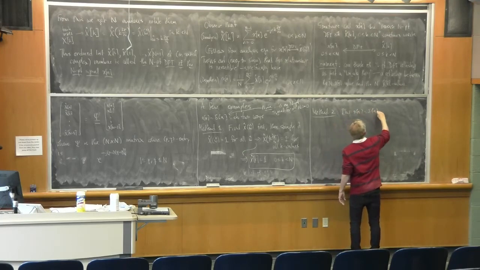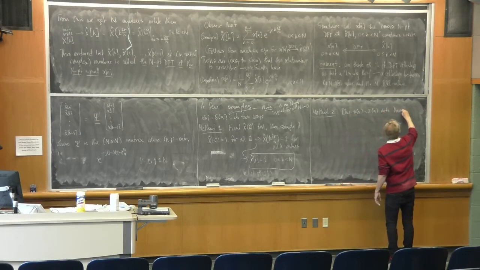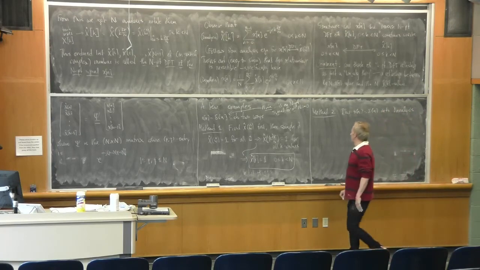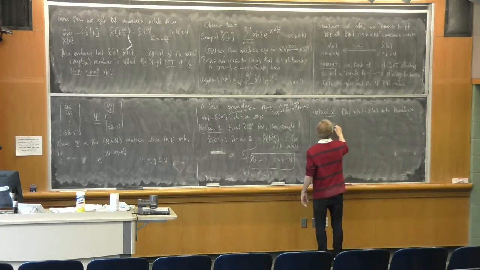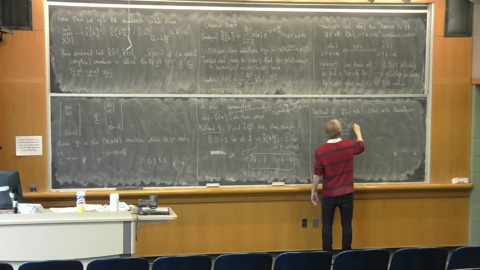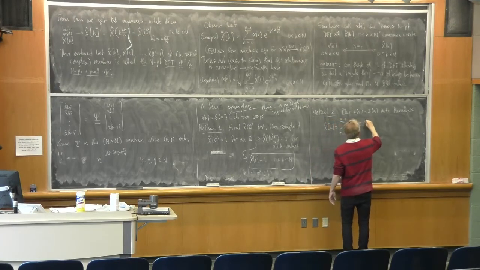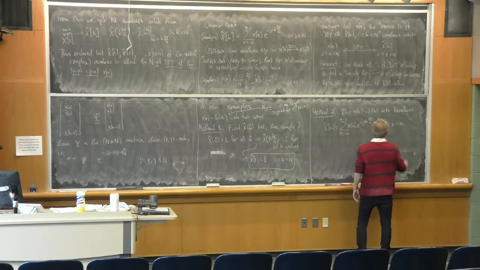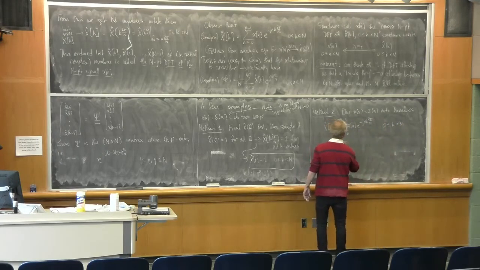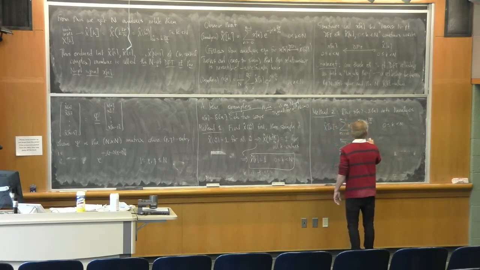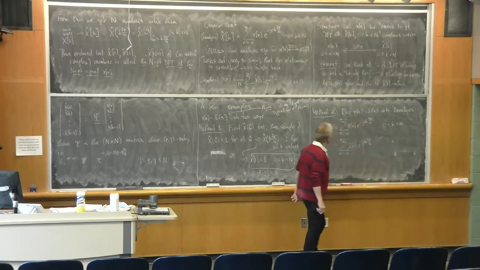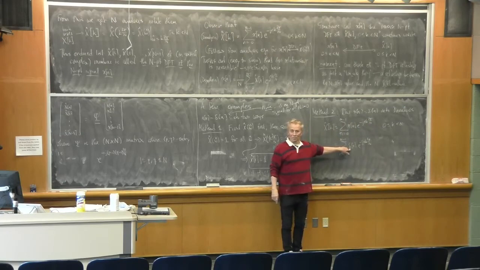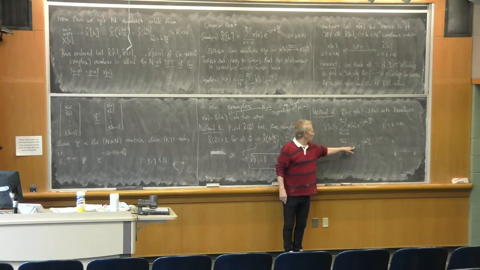Method 2. Plug x of n, so x of n equals delta of n, into the equation D-analysis. So what do we get? We get x hat of k equals the sum from little n equals 0 to cap N minus 1 of x of n e to the minus j n k 2 pi over N, for 0 less than or equal to k less than N. And if I plug in a delta there, there's only one non-zero term in this sum, and that corresponds to little n equals 0.